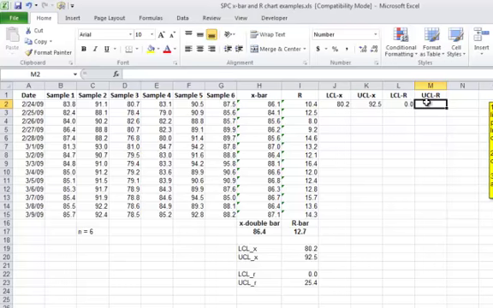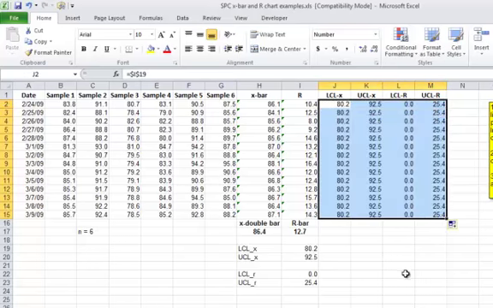And my upper control limit for R. And I'm using absolute references on all these, so I can fill them down. This is so I can make a chart that looks nice.